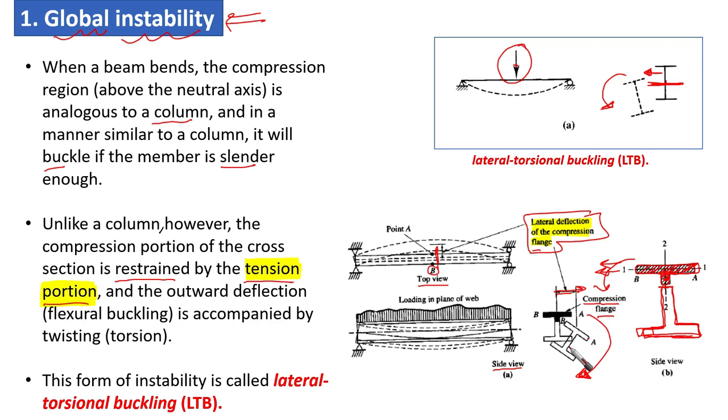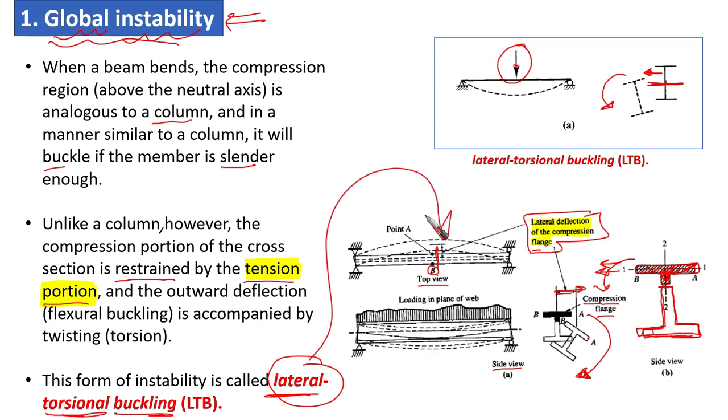Okay. So now let's go and understand more about this global instability phenomenon. We call it lateral torsional buckling, LTB. Lateral, we understood why we call it lateral, because of the lateral movement.